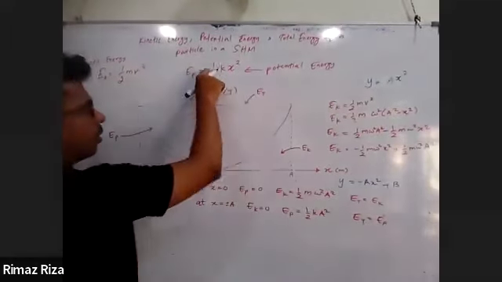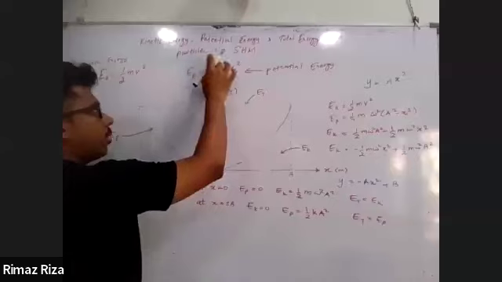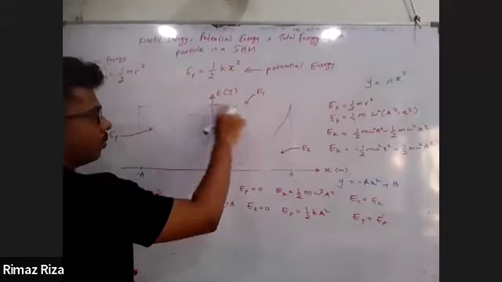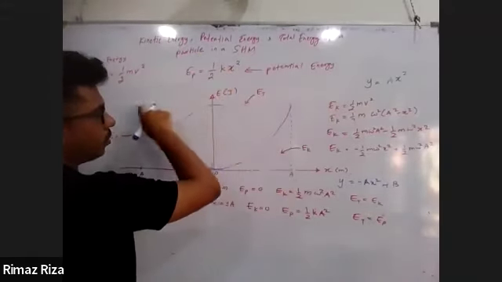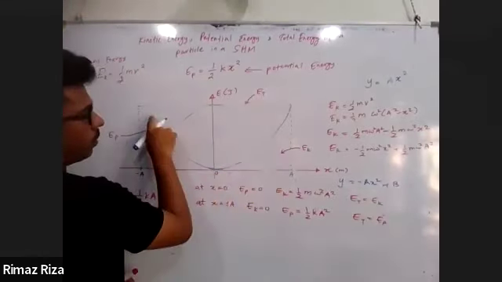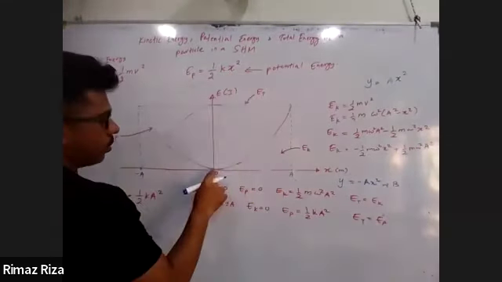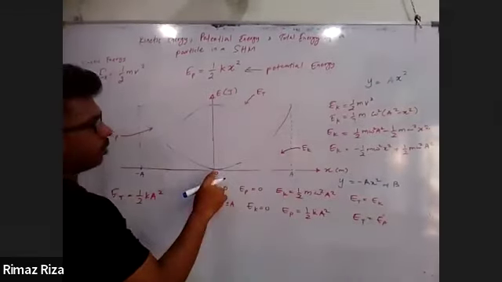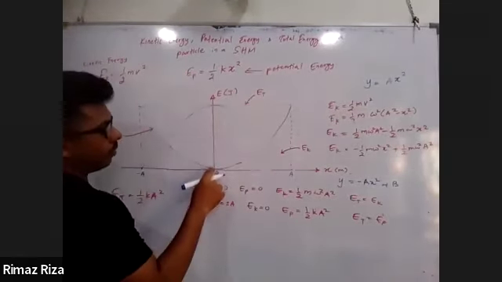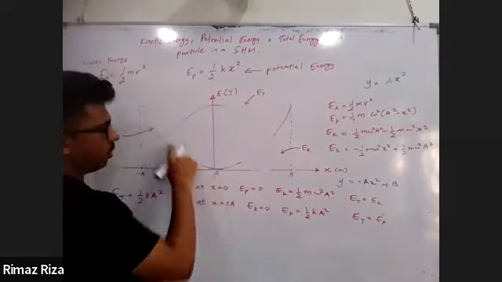So if the coefficient is plus, you get a minimum, and that minimum's value is 0 at x equals 0. So when x equals 0, the minimum value y will be equal to 0, right?